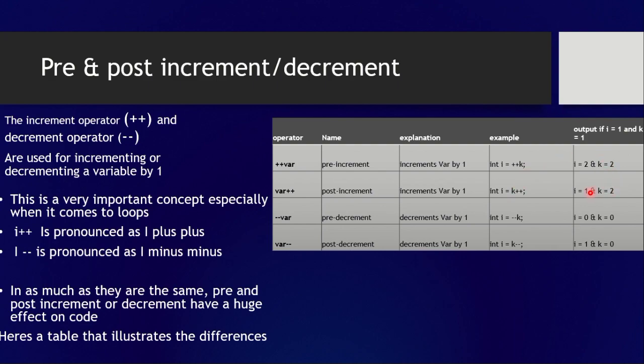So I is going to be 1, but k is going to be equal to 2. And the same with the decrement operator: decrement is basically just subtracting, increment you're adding. So you can feel free to write this table, and then you can experiment with your code if you like.